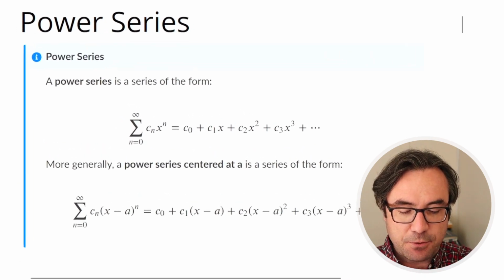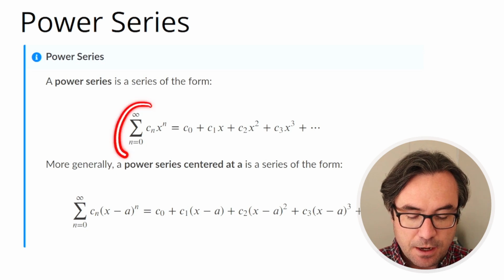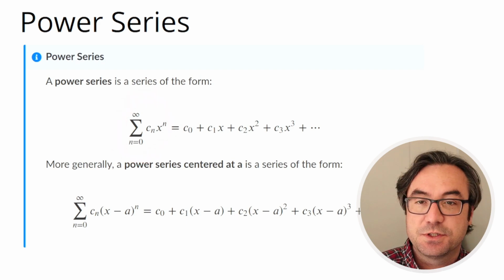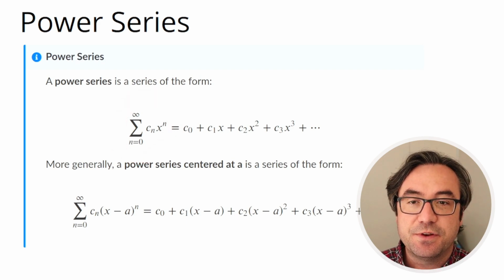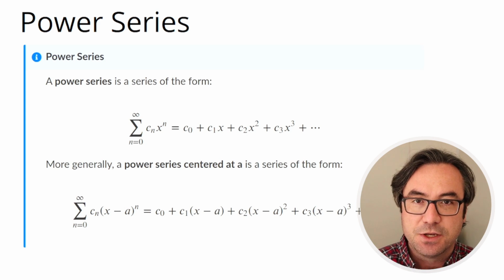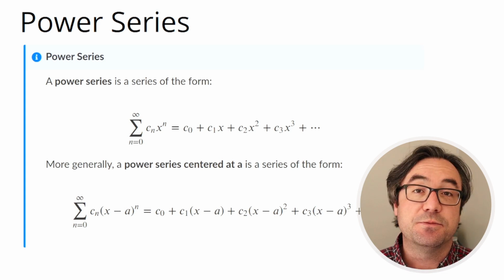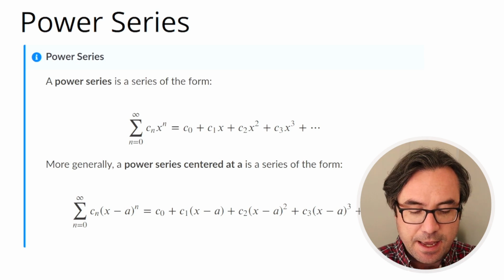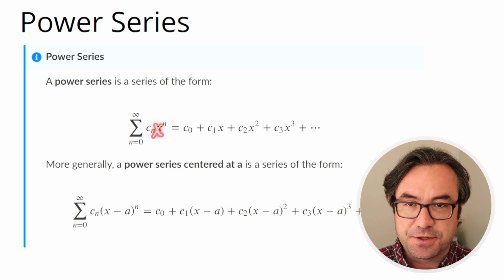So it's a power series of, well, this is kind of a more specific form. It's the sum from n equals 0 to infinity of c sub n times x raised to the power n. So now we're starting to incorporate some variables in our series here. And so x here is the variable.